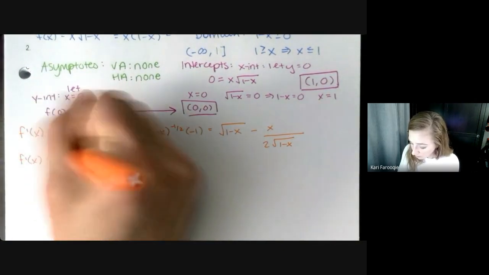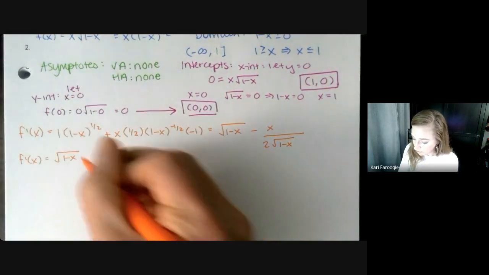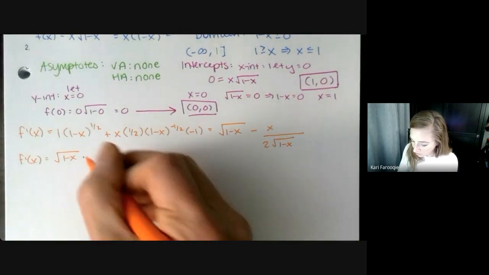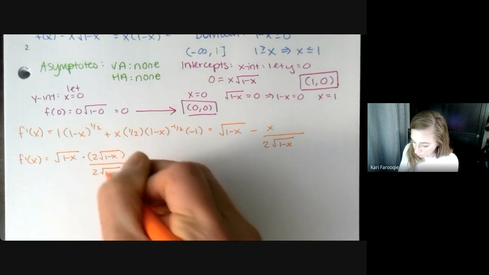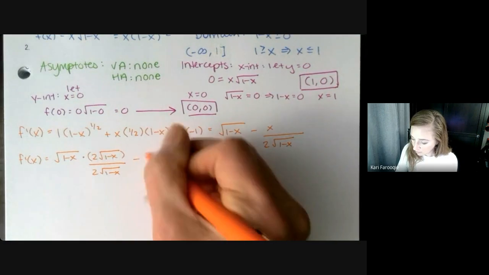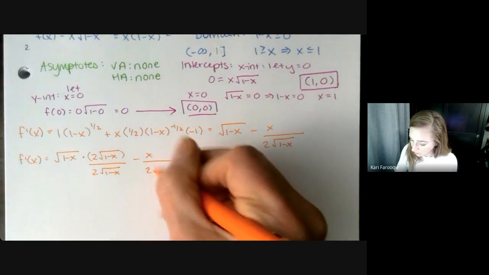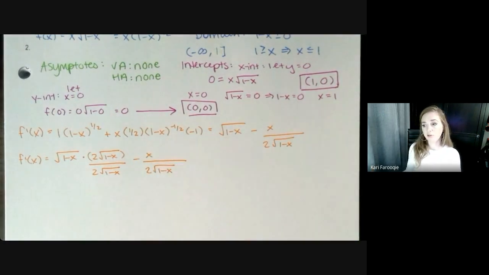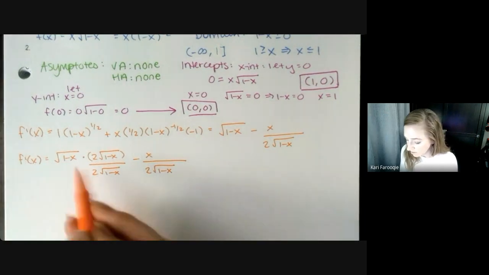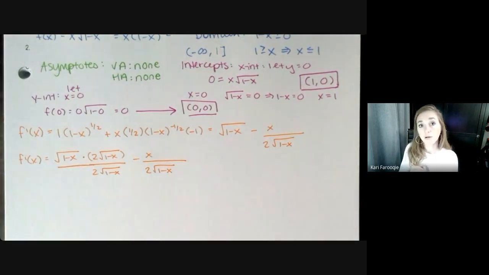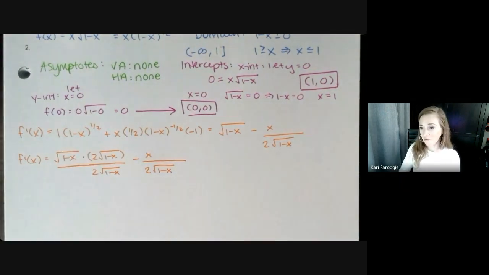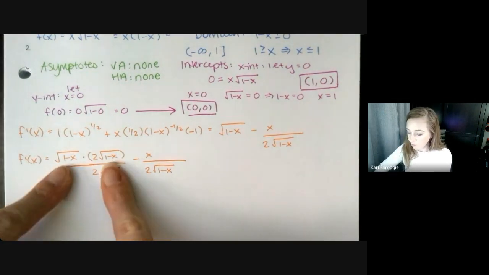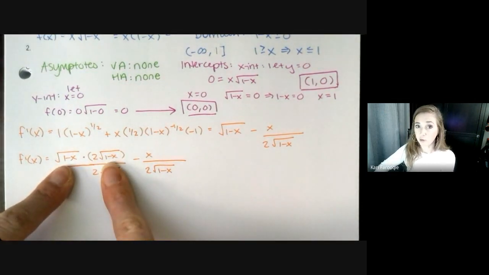So I currently have square root of 1 minus x. I'm going to multiply it in the numerator and denominator by twice the square root of 1 minus x over itself. Haven't changed it. We're just rewriting it. And then we'll simplify. If you want to write this all as one fraction, go ahead. Don't cancel these out. You did that for a reason. The square root of 1 minus x times itself is 1 minus x.